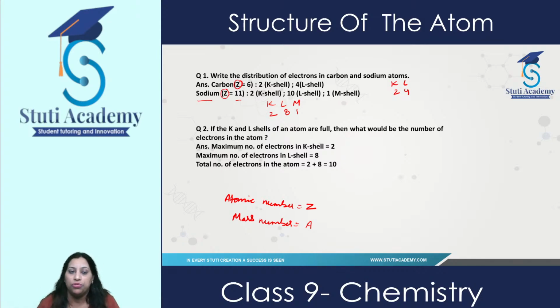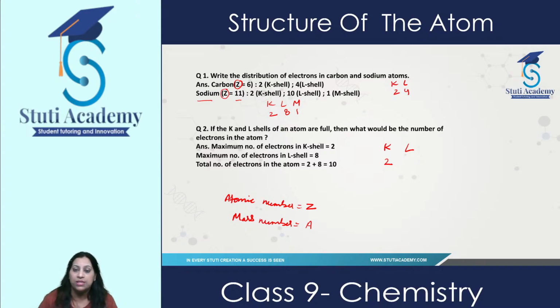Then question number 2. If the K and L shells of an atom are full, it means the K and L shells are completely filled. So in the K shell, maximum 2 electrons can come.